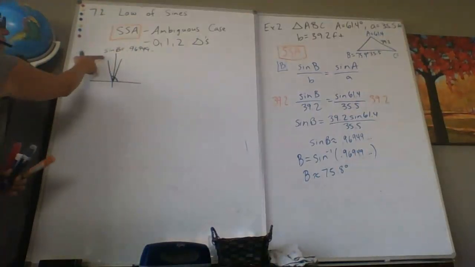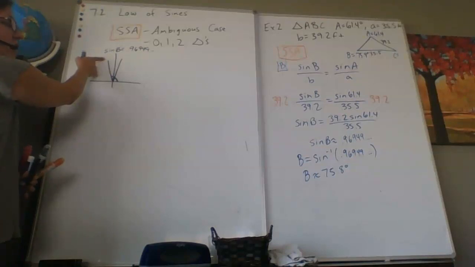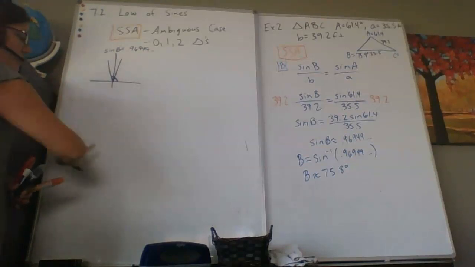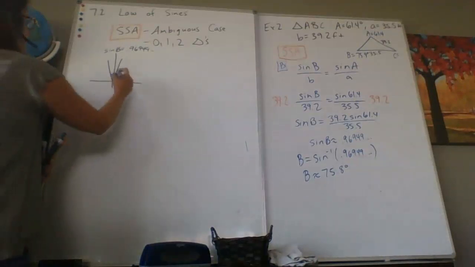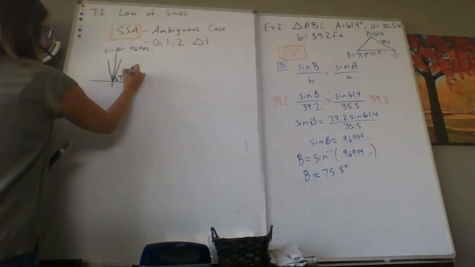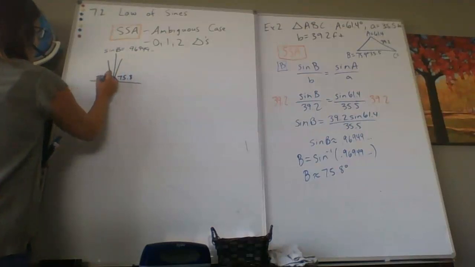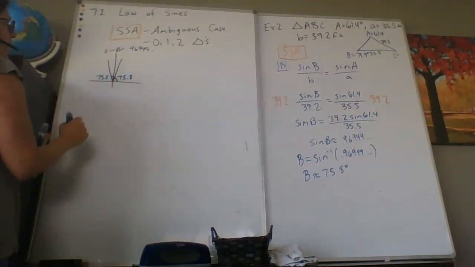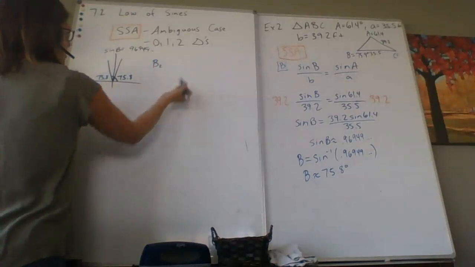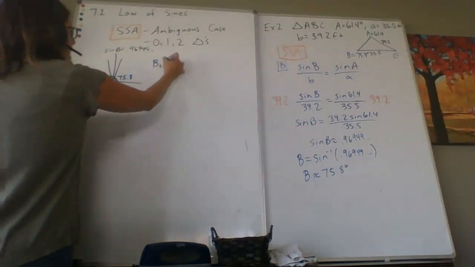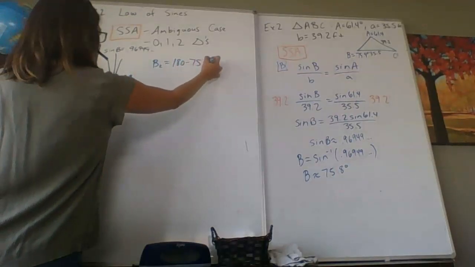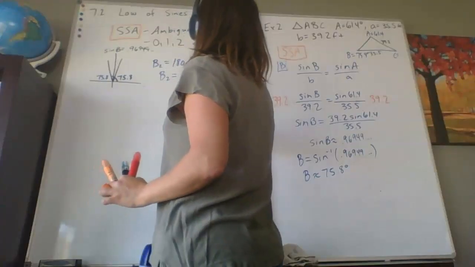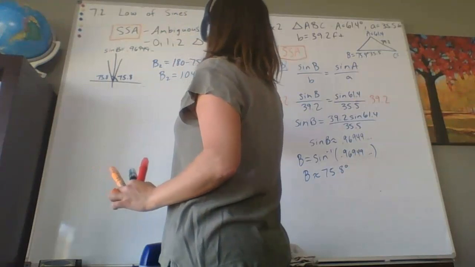This other angle in quadrant 2 might actually give us another triangle with a totally different solution. We already found the reference angle was 75.8, so the reference angle will be 75.8 in quadrant 2 as well. So if there is a B2, and we don't know yet, then it will be 180 minus 75.8. So this second angle might be 104.2 degrees.